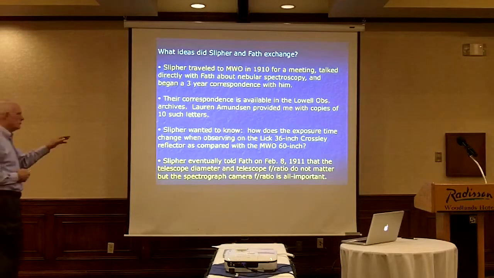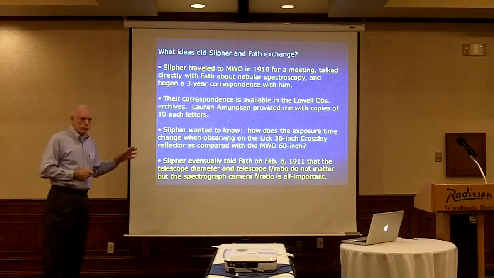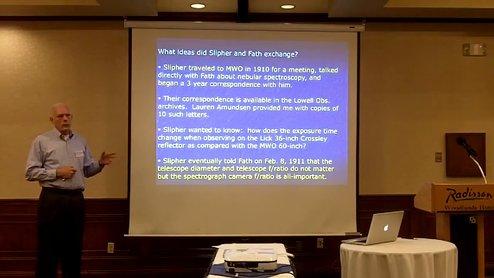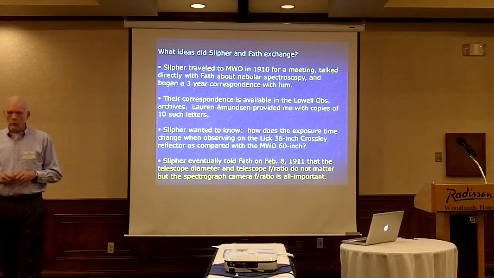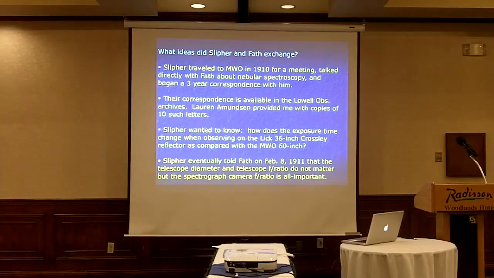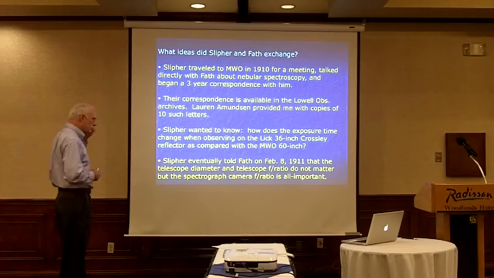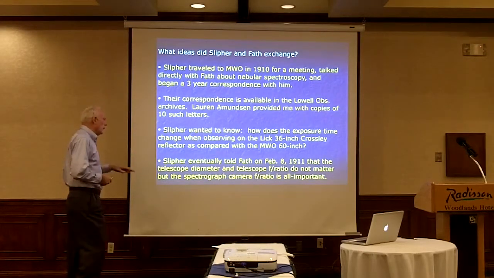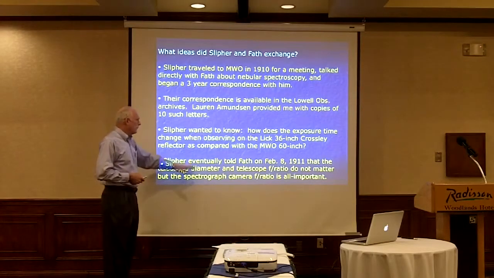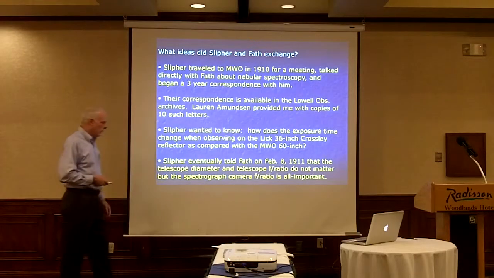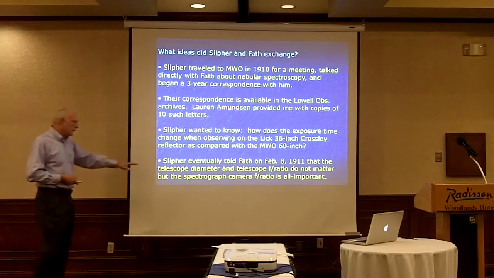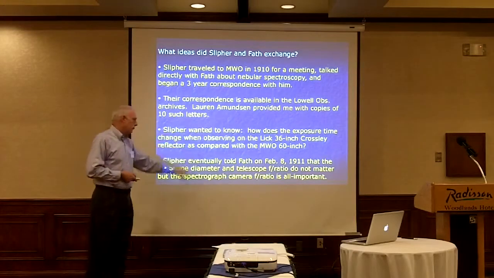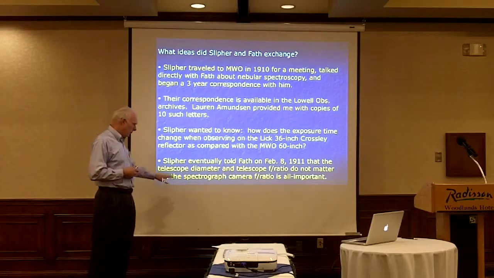And Fath continued his work, his observing through 1911, and he, in a sense, took advantage of the knowledge or the thought process that Vesto Slipher was going through. Those statements were in a letter on February 18th, 1911: the telescope diameter and the telescope F ratio do not matter.